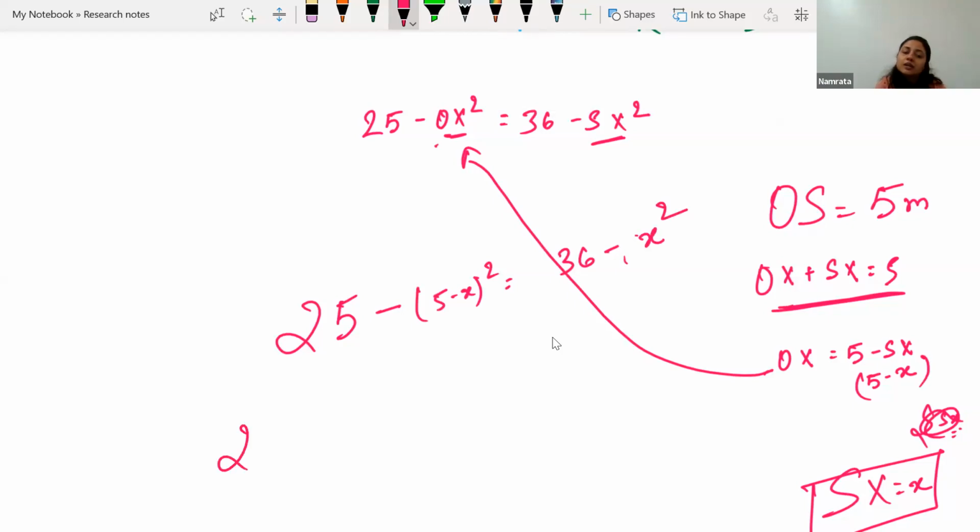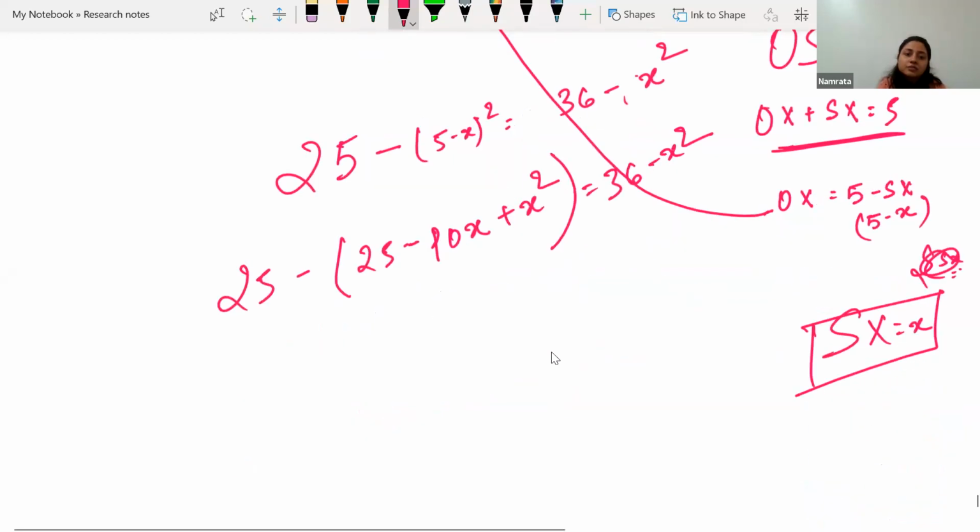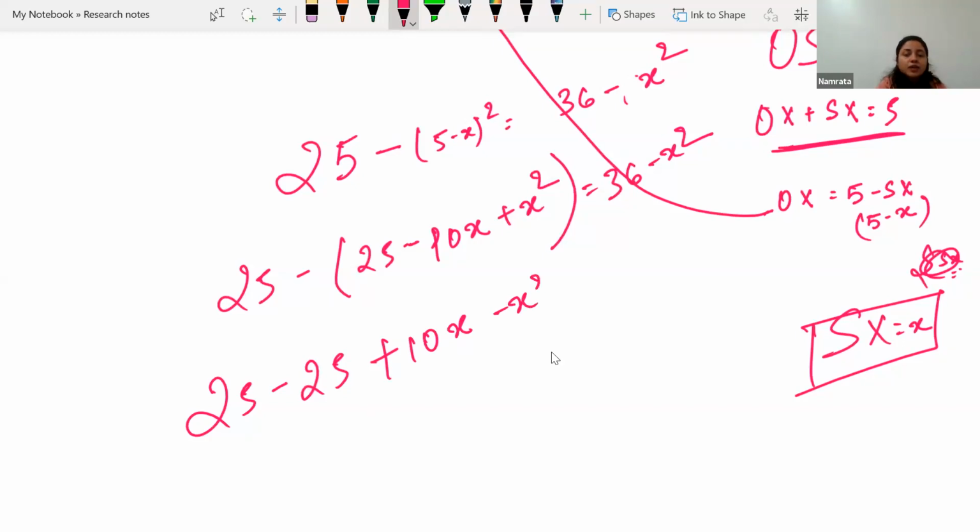Let's simplify it. Here we'll have a square minus 2ab plus b square. We will have 25 minus 25 plus 10x minus x square is equal to 36 minus x square.